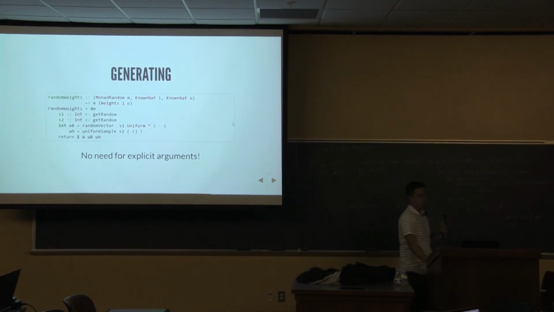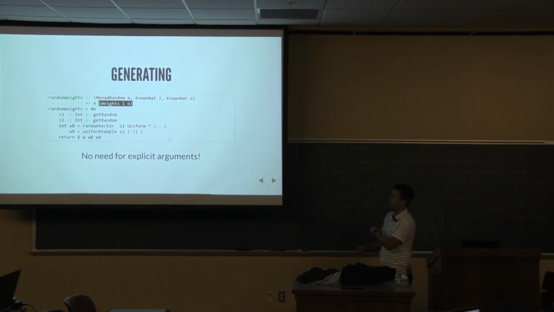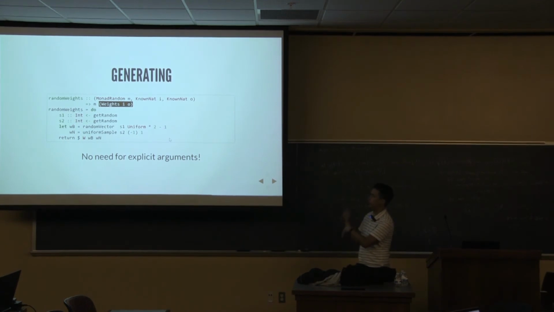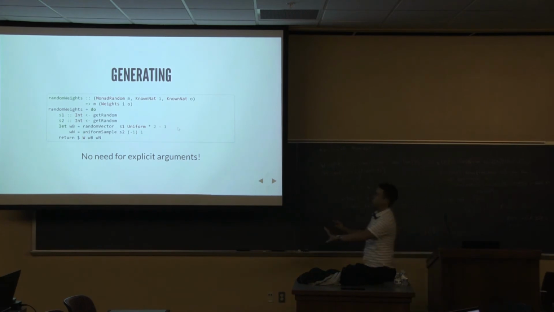But because types are so strong, there is only one possible dimension for WIO. H vector knows to generate a matrix of I to O, of O to I, and a vector of O. So now the user doesn't have to supply the dimensions anymore. Dimensions are now given as a demand from the user.